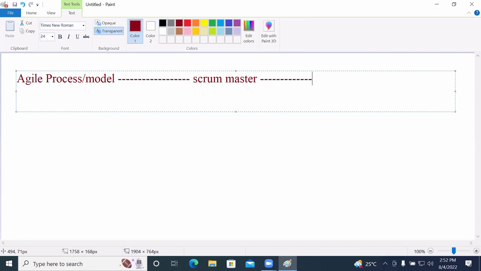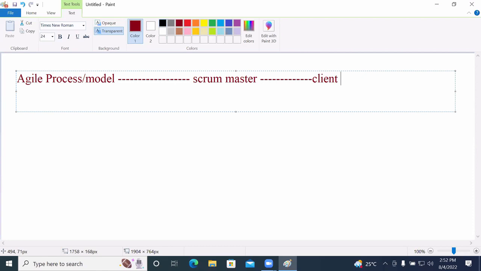Meaning of onshore? Client location. Meaning of offshore? Company location. So this particular Scrum Master needs to communicate with the client.